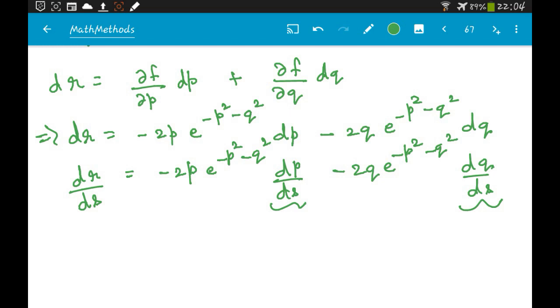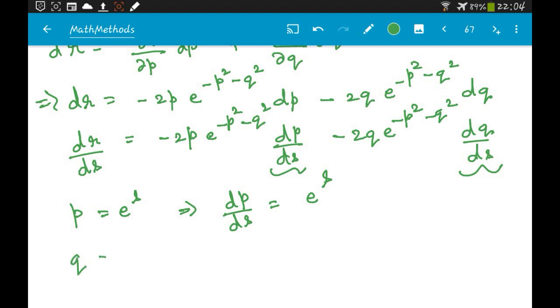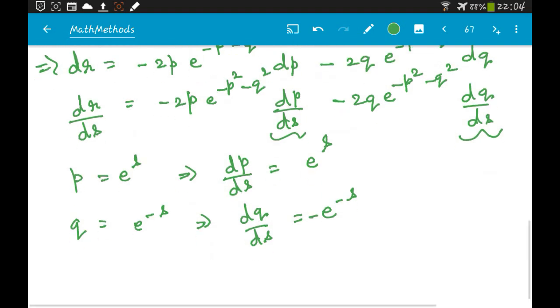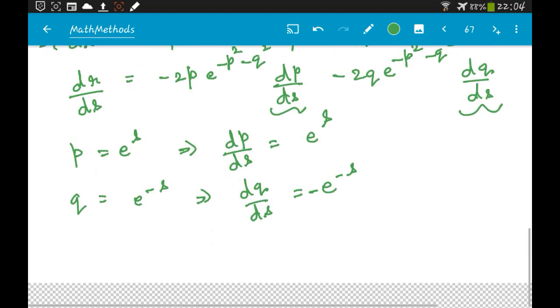What is p? p was e^s, so dp/ds is going to give you e^s itself. And q was e^(-s), so dq/ds is going to give you -e^(-s). I hope by now you understand how this has come about.